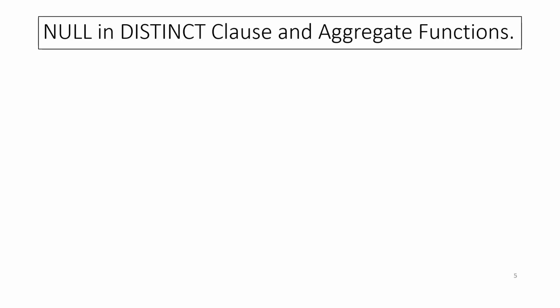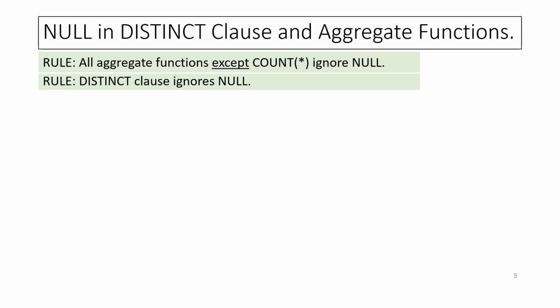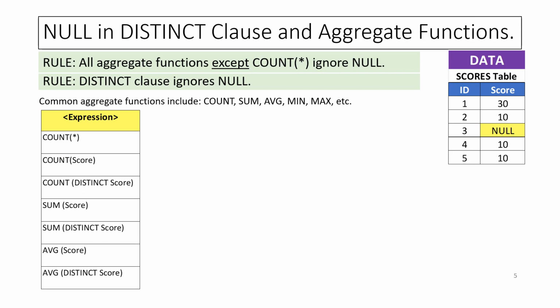But first, let's understand how null is treated by the distinct clause and by aggregate functions. Remember this: all aggregate functions except count star ignore null. The distinct clause also ignores null. Let's consider some aggregates, with and without the distinct clause.